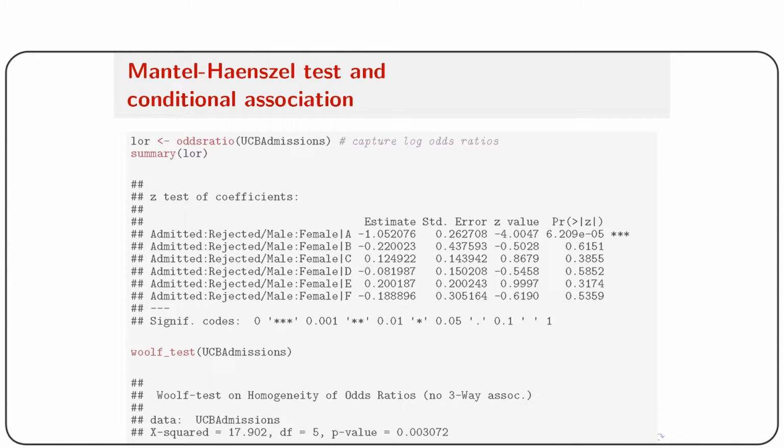So this is the summary, and then woolf_test UCBAdmissions, if you pass it through, then it will say that P is 0.030. So that means they are significantly different, they are not the same.